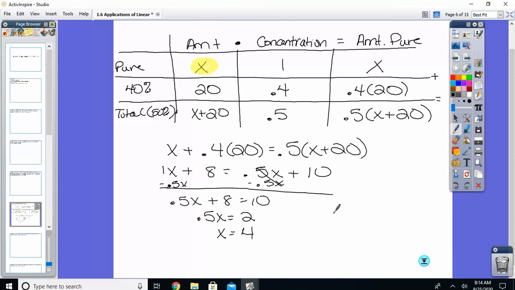So there must be four liters of the pure alcohol in the solution. Questions, right?